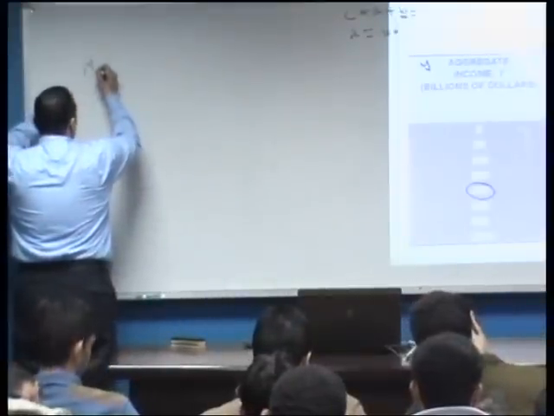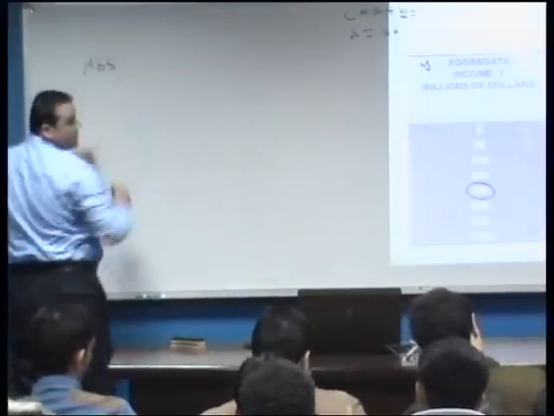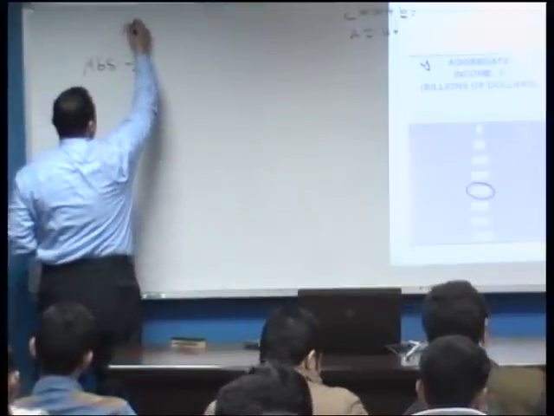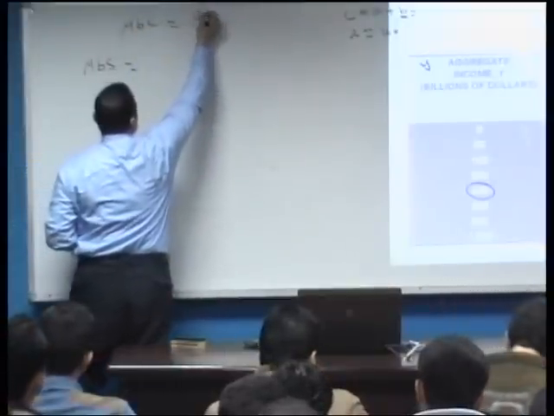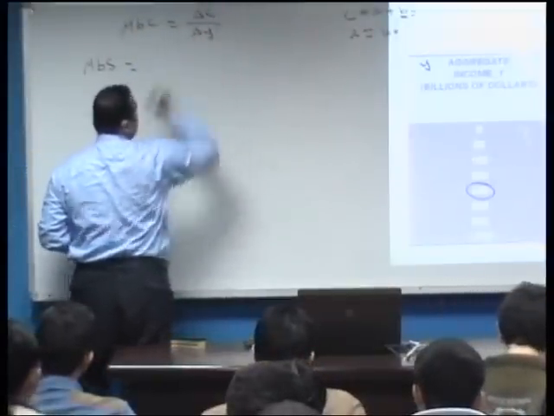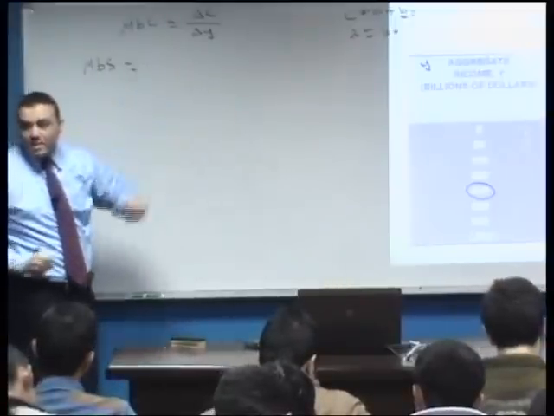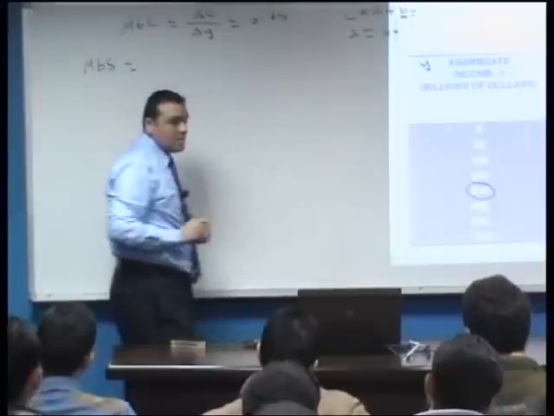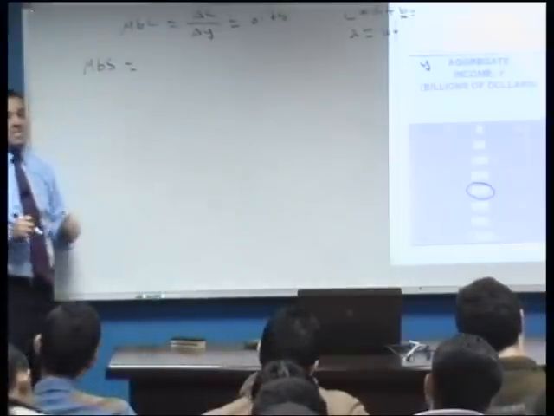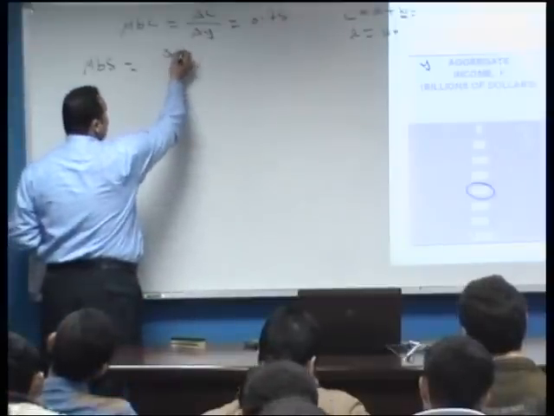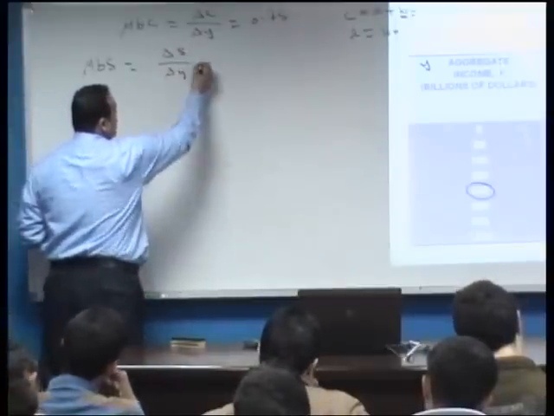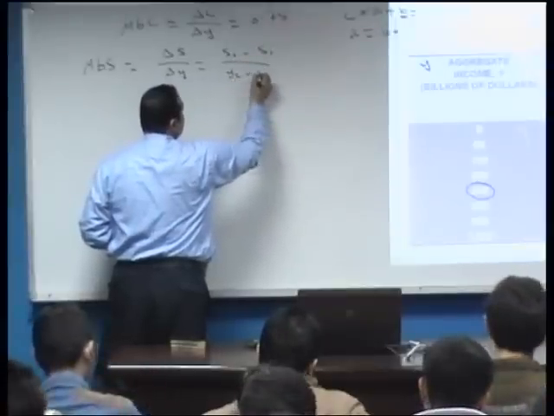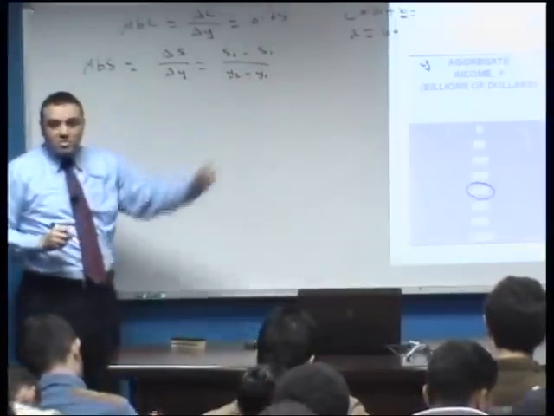Marginal propensity to save, or for saving. As you know, MPC equals delta C over delta Y, and in this example it was equal to 0.75, right? MPS equals delta S over delta Y, or S2 minus S1 over Y2 minus Y1. So let's come back to the example.